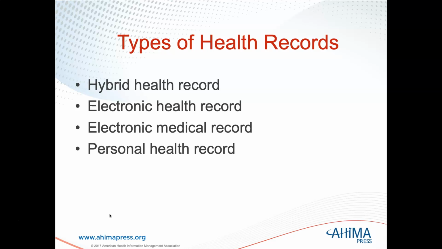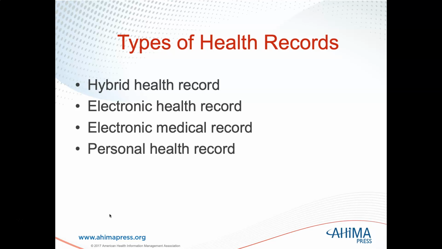So the hybrids, although they still exist, especially with older records from prior to going on to an electronic health record, that type of health record is fading away. So I'm not going to spend much time on it. It's just important that you know what these 4 are and what they mean.